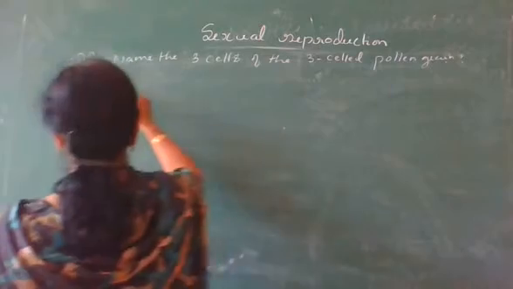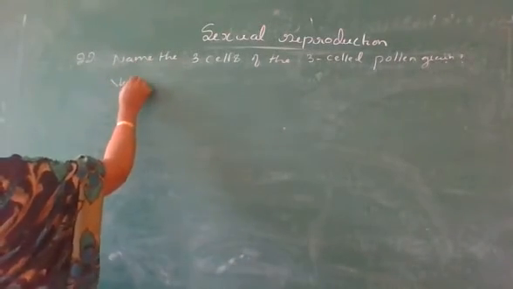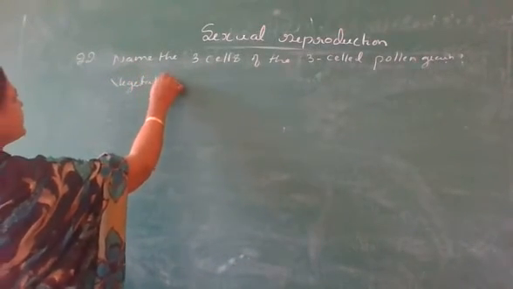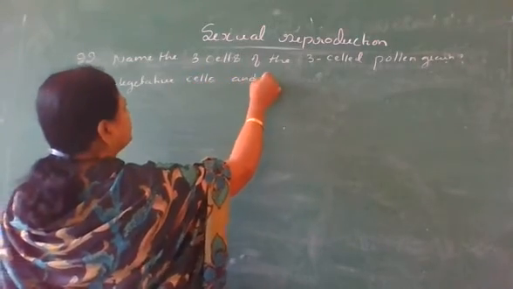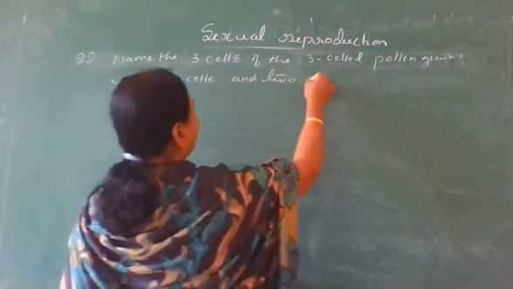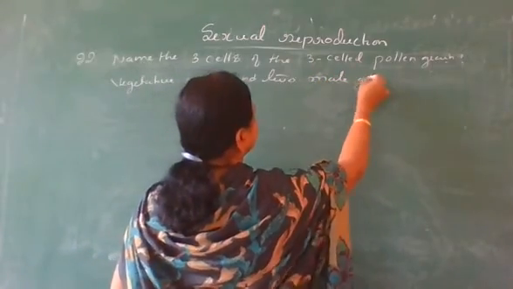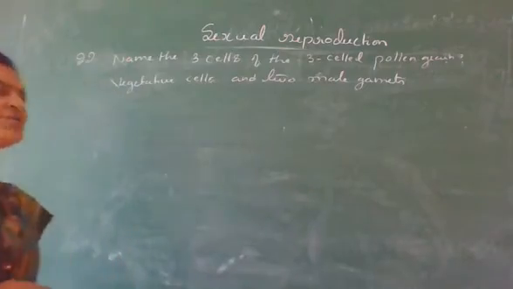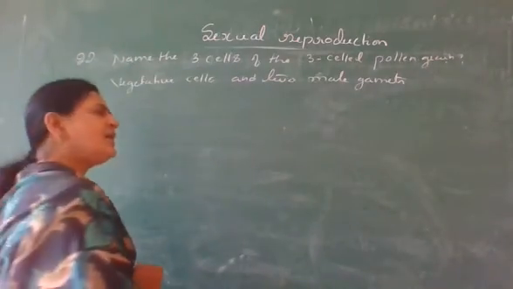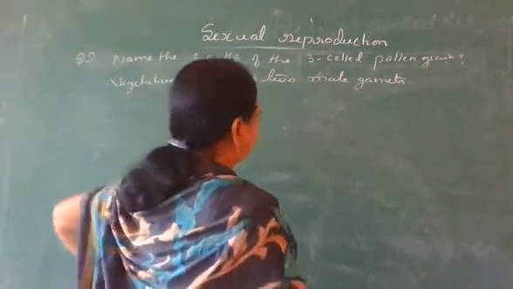That is, one is vegetative cell and 2 male gametes. From which cells the male gametes are produced? As we know, it is from the generative cell.